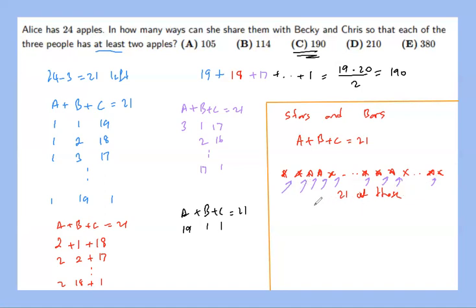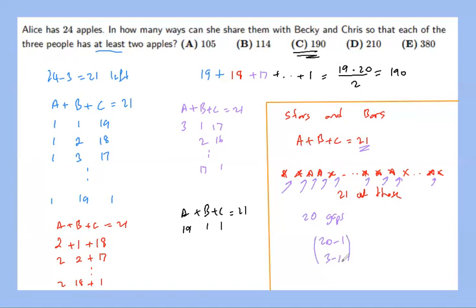So you have 20 gaps, which is one less than the number of stars. Then I need to place 2 dividers, because we are making 3 groups, so that is one less than the number of groups we are trying to make.